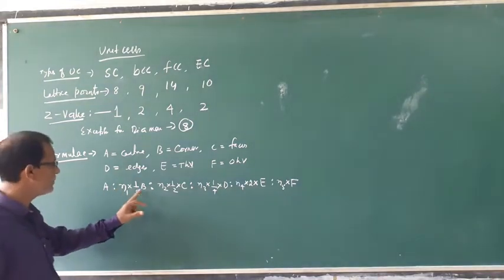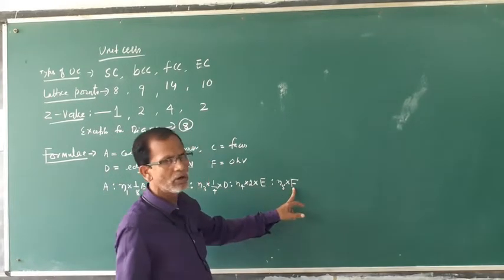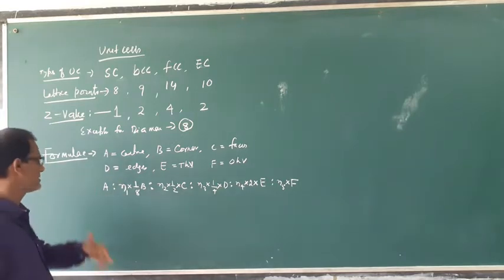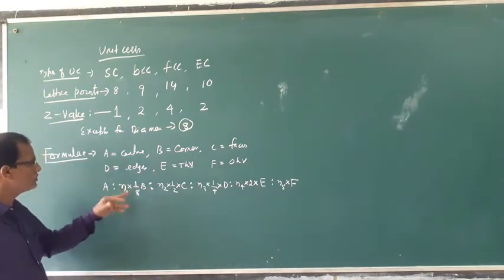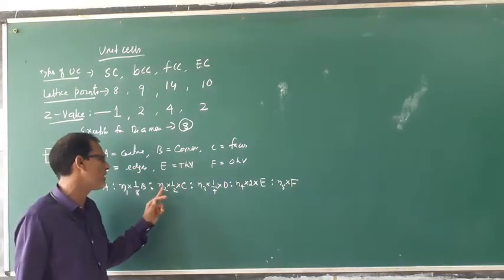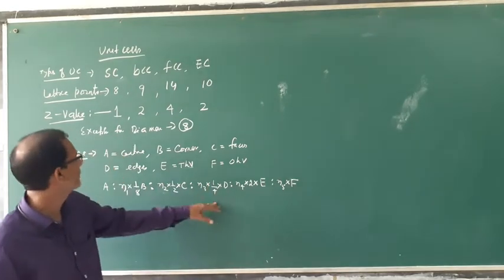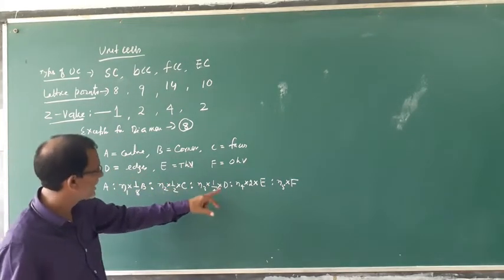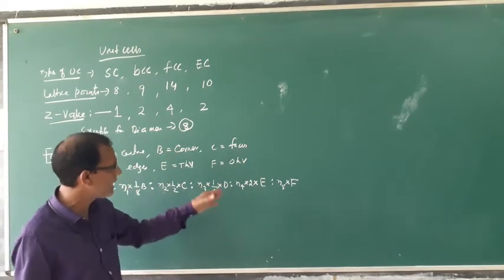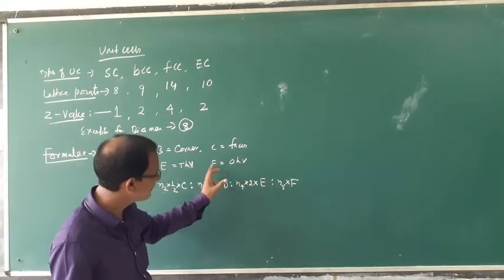A is to B is to C is to D is to E is to F, depending upon the number of parts occupied. How many positions are occupied by B, that is n1. How many positions are occupied by C, that is n2, like this. How many of the tetrahedral voids are occupied by E, that is n4. How many of the octahedral voids are occupied by F, that is n5.